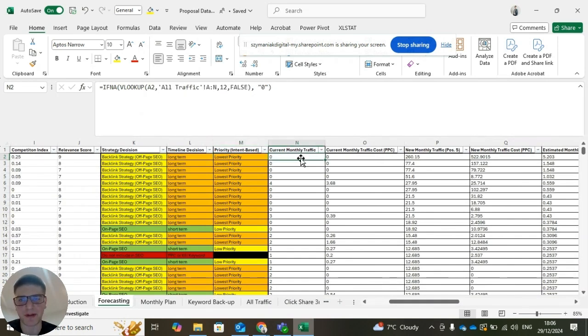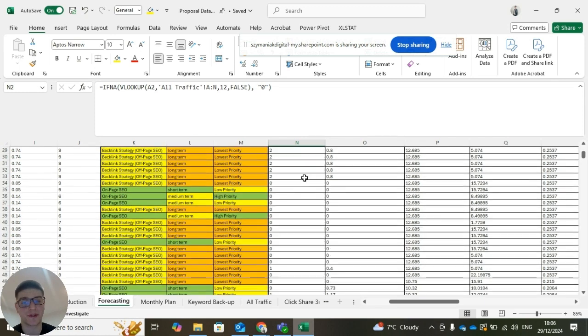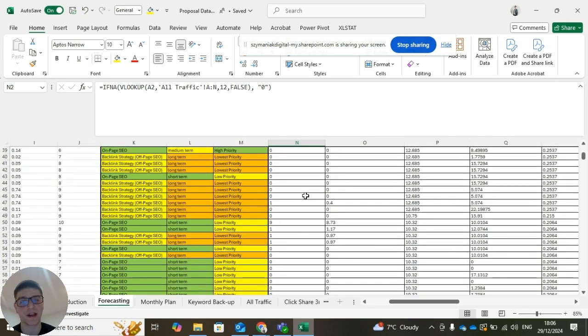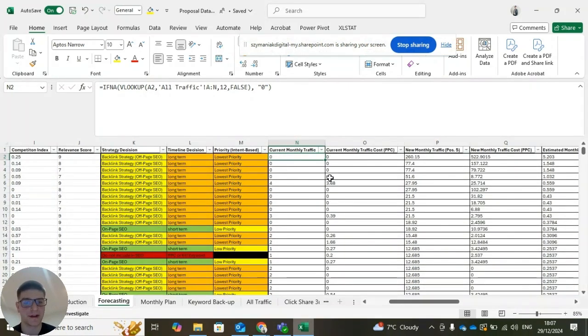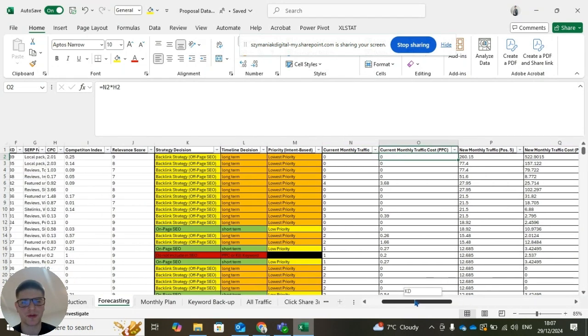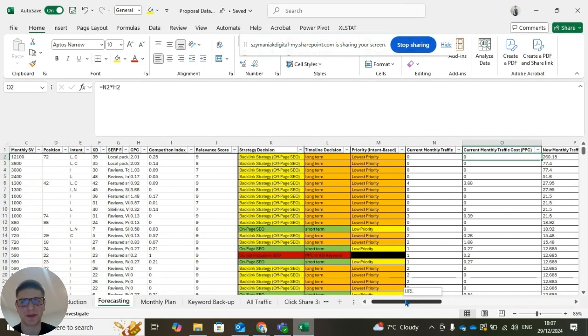So then we have the data with current monthly traffic. So I basically did a quick VLOOKUP from my data here. So what we're looking at is essentially what this company is currently getting in terms of monthly traffic. And here we're looking at, remember when I showed you the cost per click?